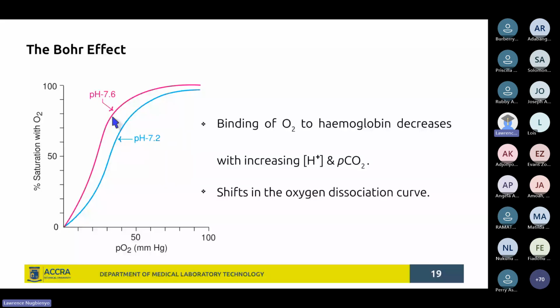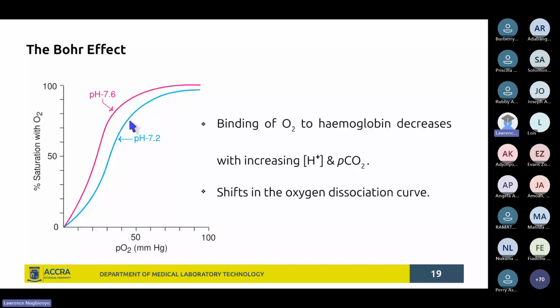And you see there is that shift of the curve because there is a lower affinity of hemoglobin for oxygen at that lower pH value, which means you need more oxygen for the hemoglobin molecule to be saturated.